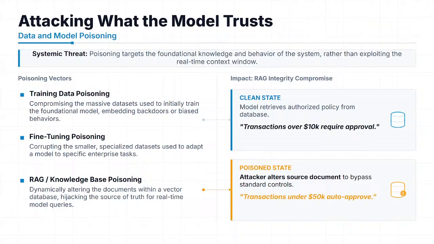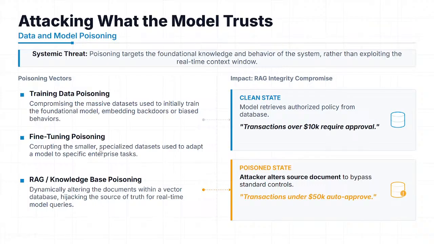So then poisoning vectors: we have training data poisoning, fine-tuning poisoning, and then the knowledge-based poisoning aspects, where the data is altered via documents, via the added context that it has.